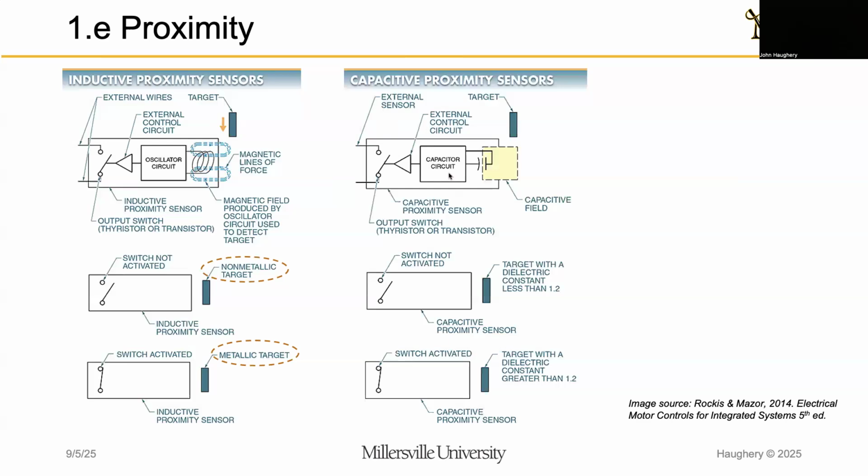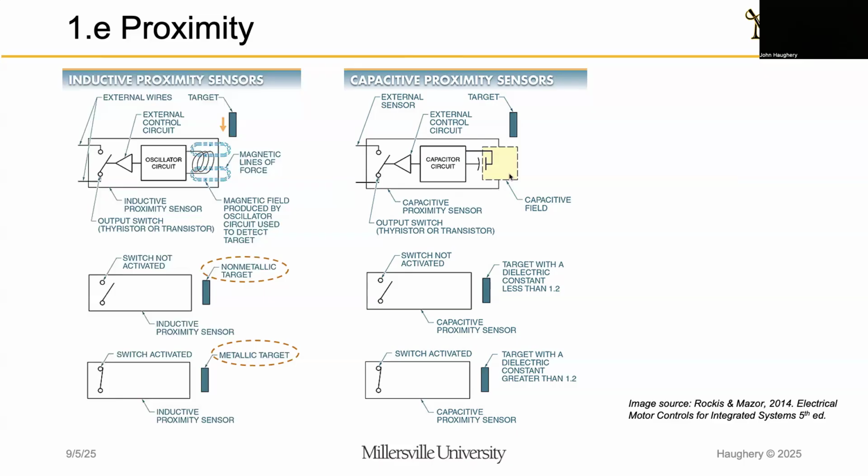And so I can have a sensor where the barrel end of the sensor is the one conductor plate of the capacitor, and then whatever the thing is that I'm sensing becomes the other side of the capacitor. And if that thing is close enough, it produces enough capacitive buildup charge that it is sensed by that internal circuitry that then drives the solid state relay to drive the contact output.